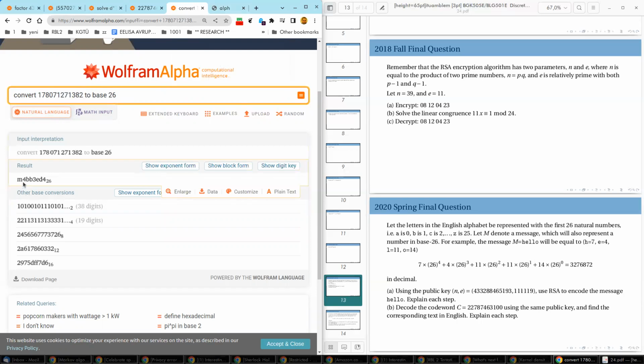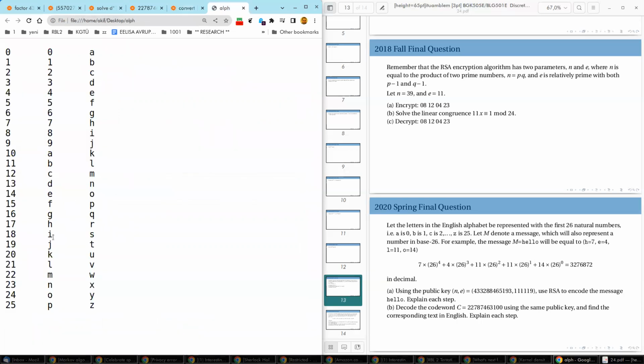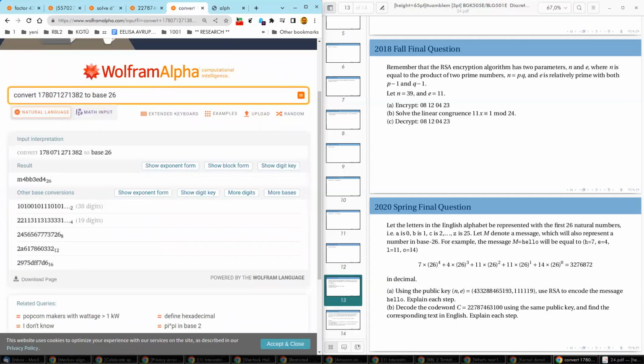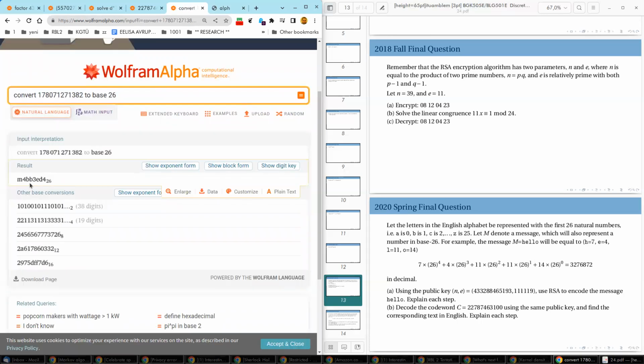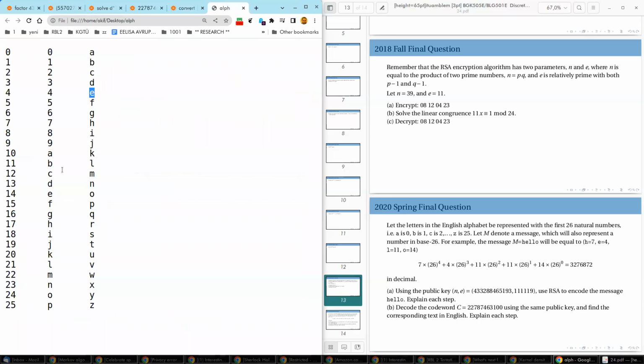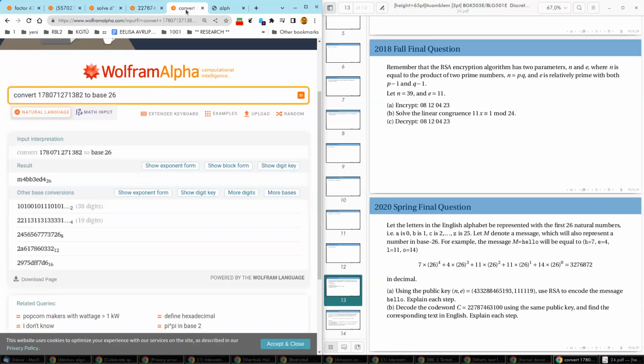So M, this is the first digit. M as a digit corresponds to W. And then I have 4. 4 is E. Then I have BB. B corresponds to L. So I have WELL.